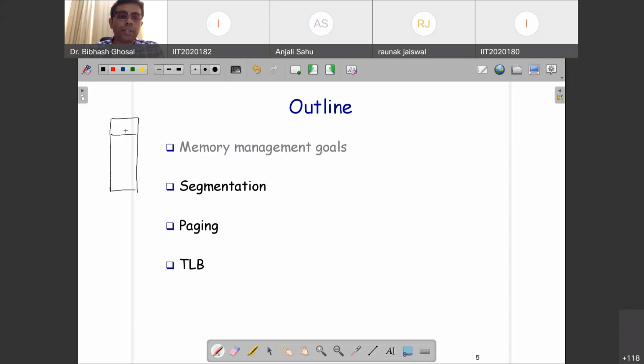So currently there are two processes, P1 and P2, which are sufficiently large and occupy enough space in the memory, so there is no space for another process, P3. How can we ensure that this process is also accommodated in the memory?